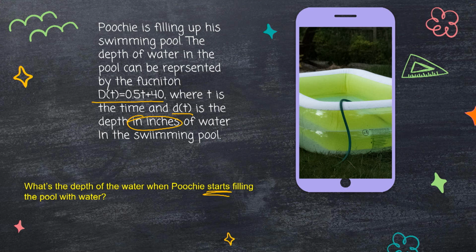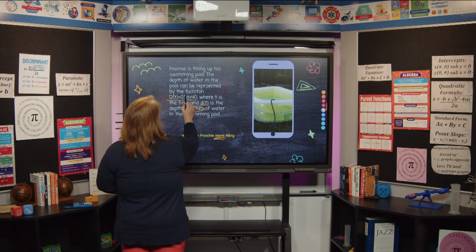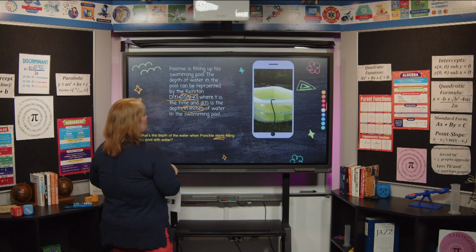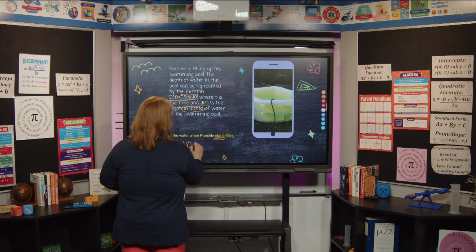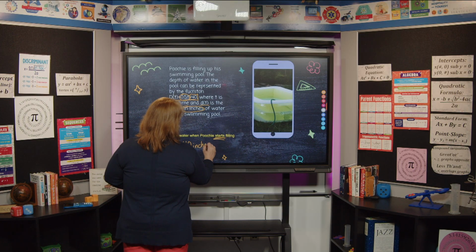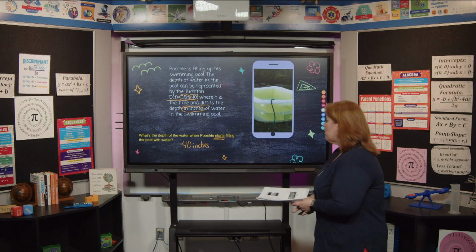Well, what would be my initial amount? My initial amount's what? Yes, this every time is added to this. The original amount would be 40 inches. So whatever's being added to that initial amount, which is that 40 inches.